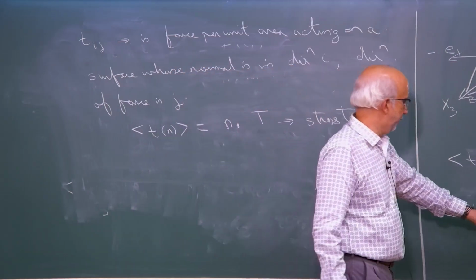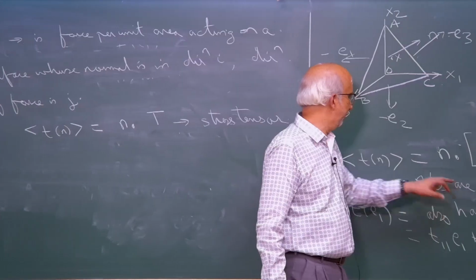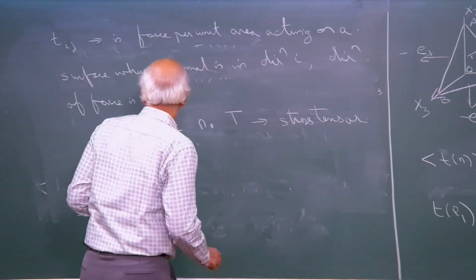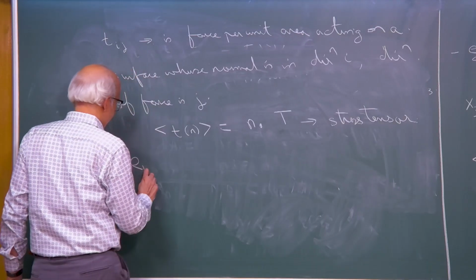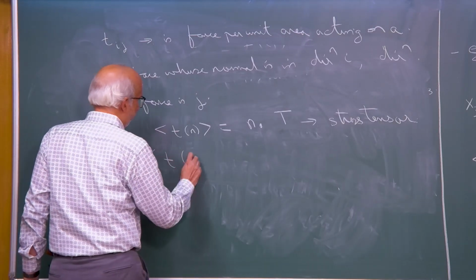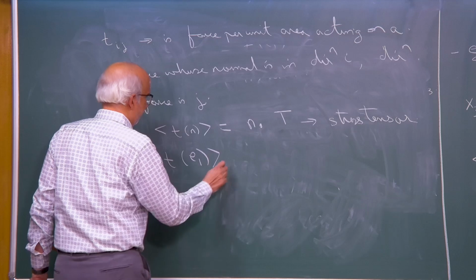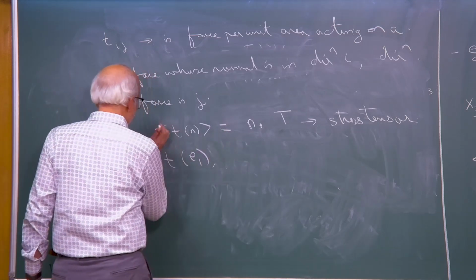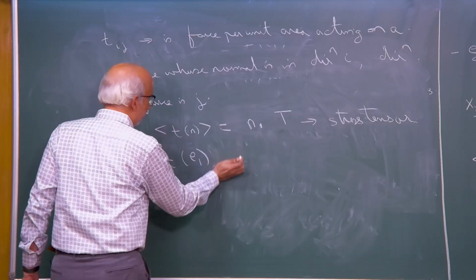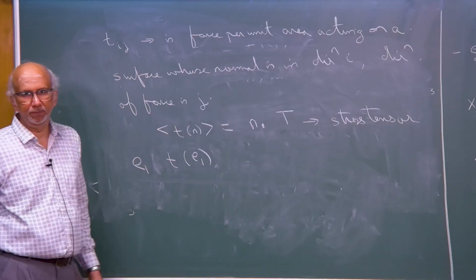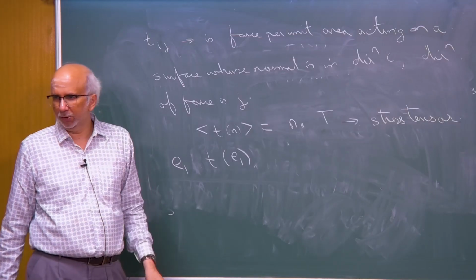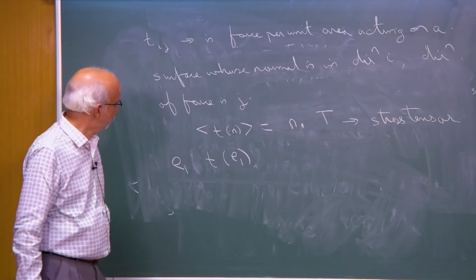So, take E1 T of E1. How do you calculate E1 T of E1? Let us forget all this average right now, because very small, average is the same as the value there at the local point.